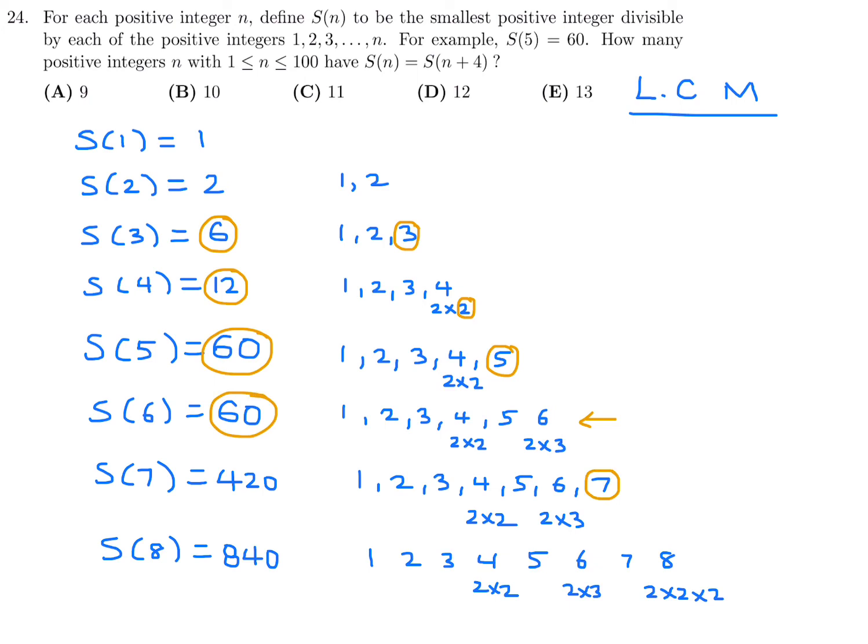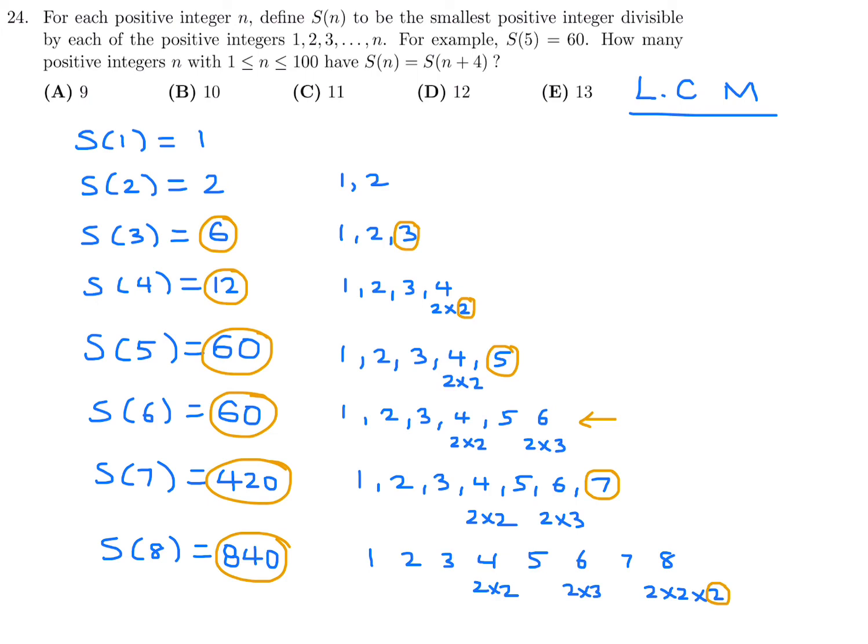Here we added 7 as the new prime factor, it went up to 420. Here we added an additional 2 as the new add-on prime factor, that's why the LCM went up to 840. So the LCM goes up every time you add a new or additional prime factor.